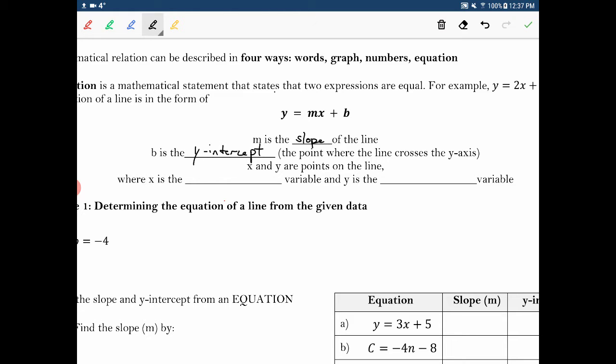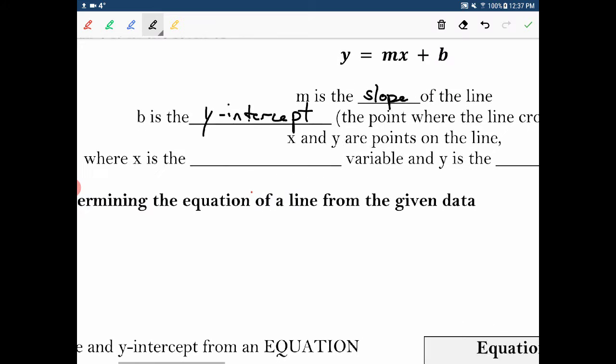All right? The x and the y are the points on the line, so those will always be a y and an x. When you write your equation, the x and the y will look like an x and a y. It won't be a number. Okay, if you're using the equation, you could put numbers in potentially, but not while it's in the equation.